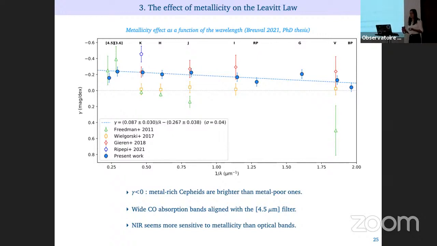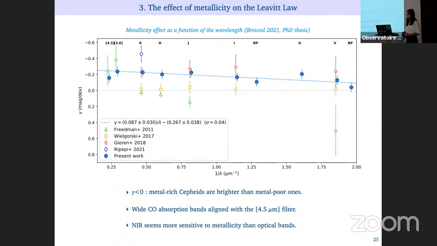So we compare basically the PL calibrations, not the Cepheids between themselves. We have to take high metallicity Cepheids and low metallicity Cepheids and compare how the PL relation behaves. So this is not exactly the same thing that we are doing to calibrate the metallicity effect theoretically and empirically.